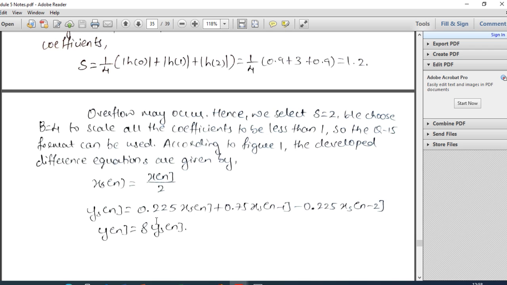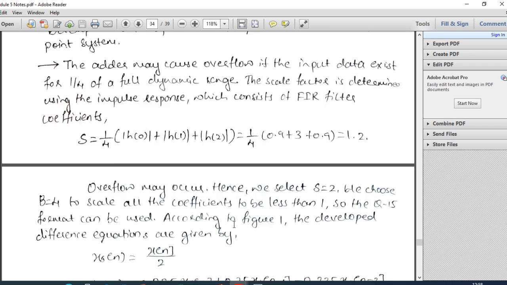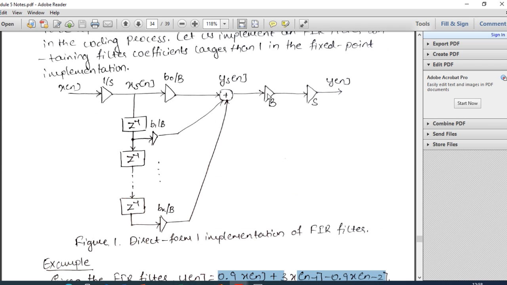So x_s(n) gives the scaled down input by 2, and the scaled down coefficients are given by dividing by 4. Once we get the scaled down input and the coefficients, they should pass through the filter and we obtain the output y_s(n). Before getting y(n), it should be scaled up by the factor b and the factor s here. Factor b is 4, factor s is 2.